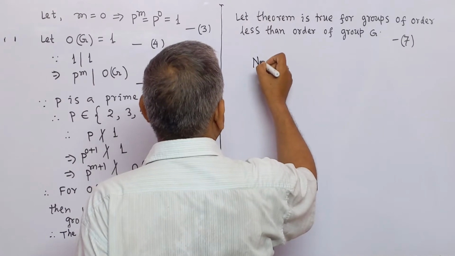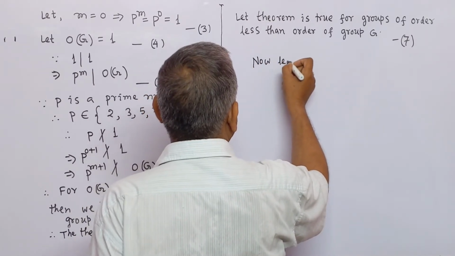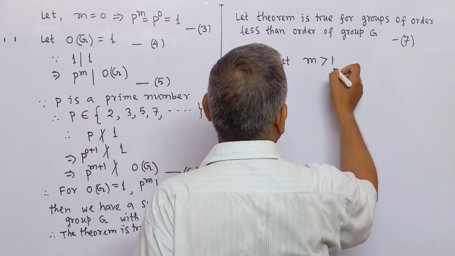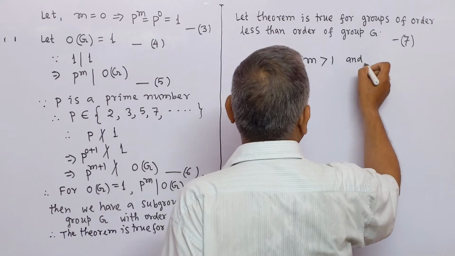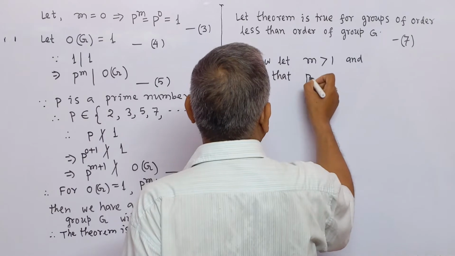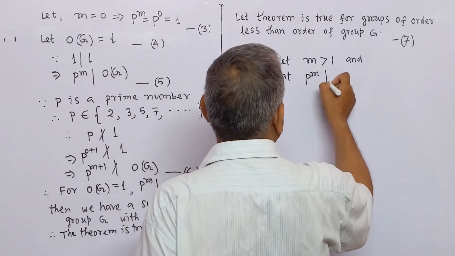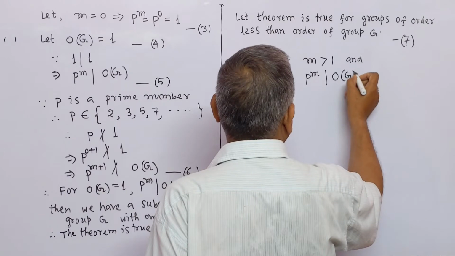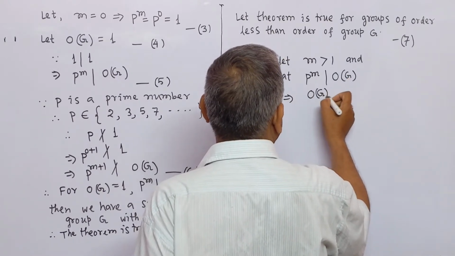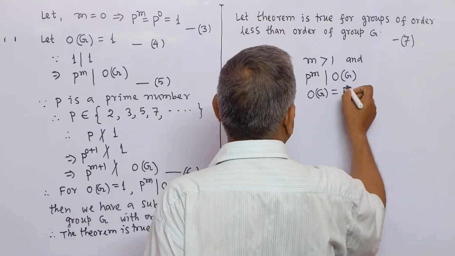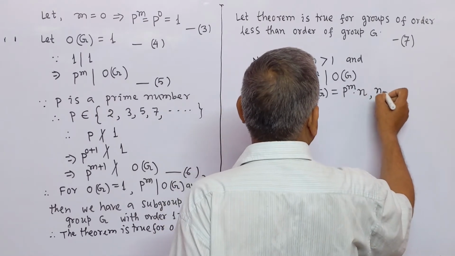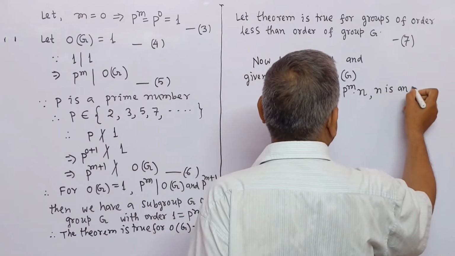Now let m greater than 1 and given that P to the power m divides order of G, implies that order of G equal to P to the power m multiply n, n is an integer.